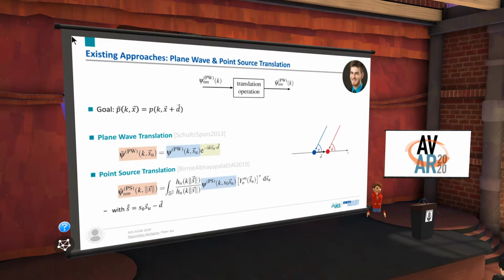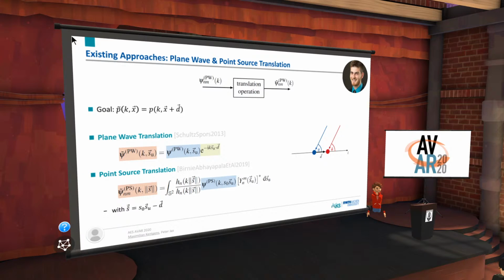Again, we want to find a translation operator which translates our signal psi_nm to psi_nm tilde, and we can achieve this if we consider our sound field model and replace x by x plus d, where d is a displacement vector.